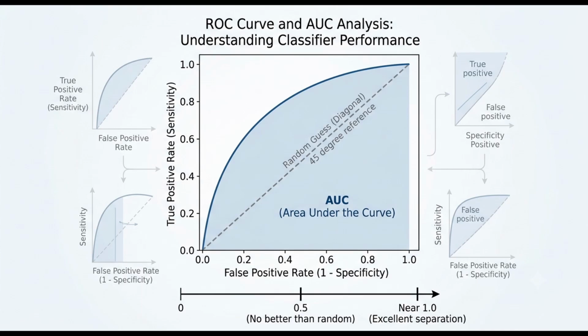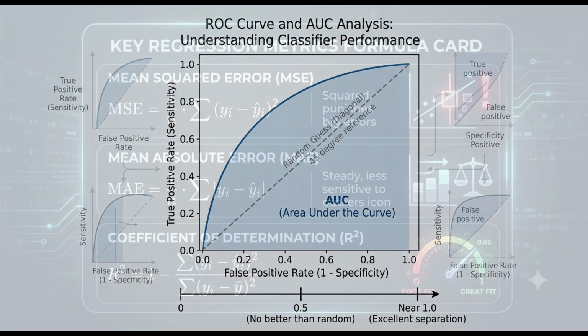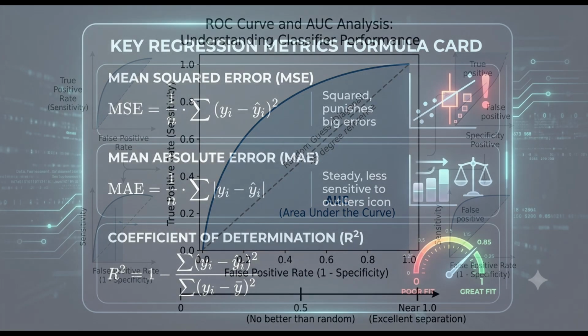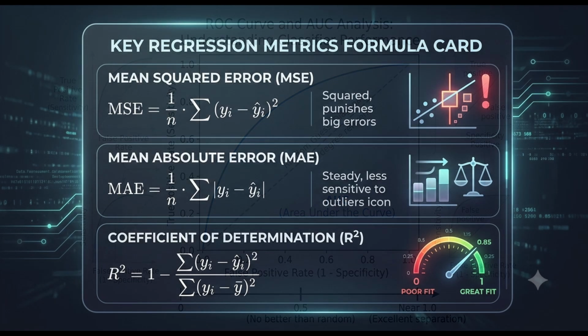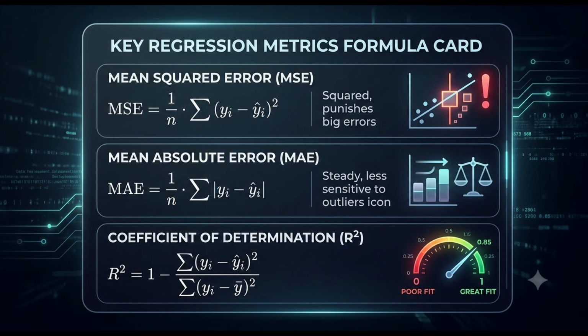Imagine a dataset where 950 out of 1,000 samples are non-spam, and only 50 are spam. A lazy model that just predicts non-spam every single time would score a 95% accuracy, which sounds fantastic. But it would be completely useless because it never catches a single actual spam email.